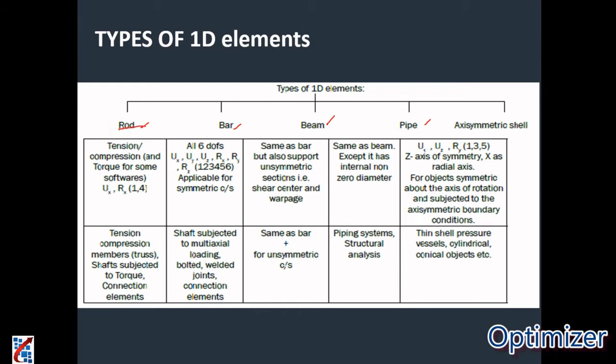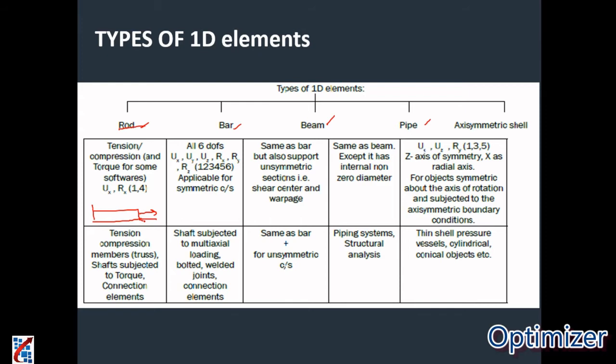First we are going to discuss the rod element. Whenever the object or beam is subjected to uniaxial tension or compression, then you can use a rod element. What is meant by uniaxial tension compression? If you consider a rod like this, and force is applied in the direction of length only, we call that a uniaxial tension or uniaxial compression problem. Why are rod elements suitable in that case?